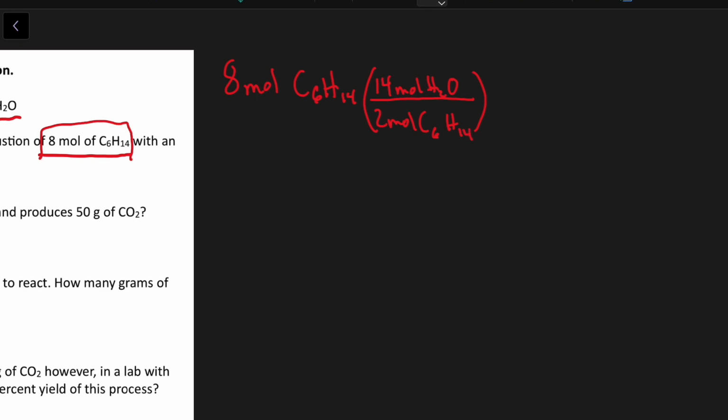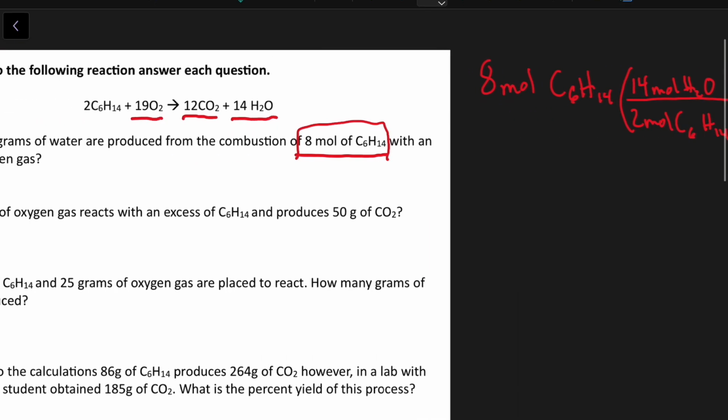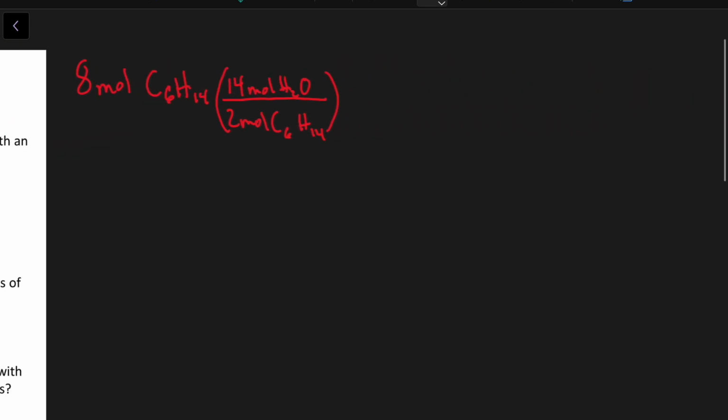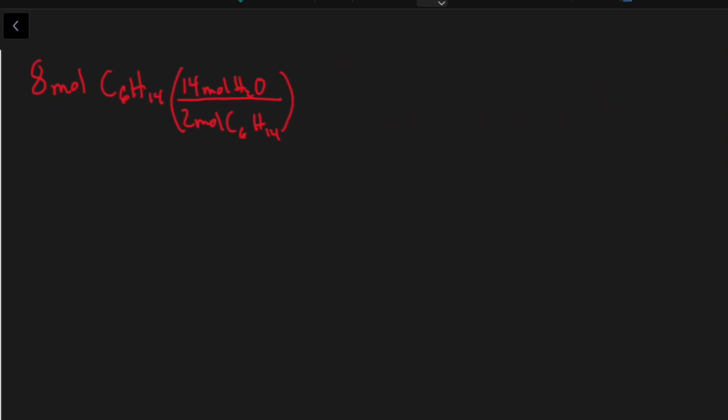These two numbers are part of the balanced equation. Here you have the number 2, and the number 14 for water is here with water. Okay, so now you're ready with moles of water.